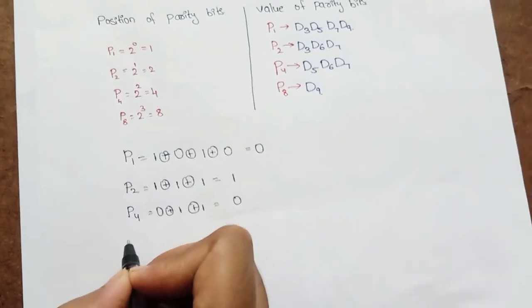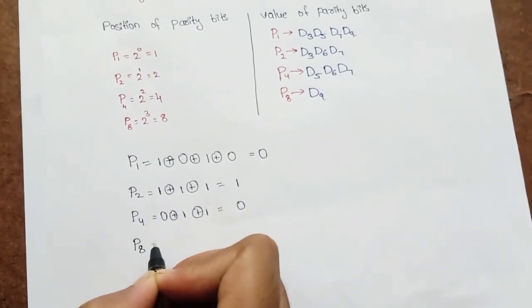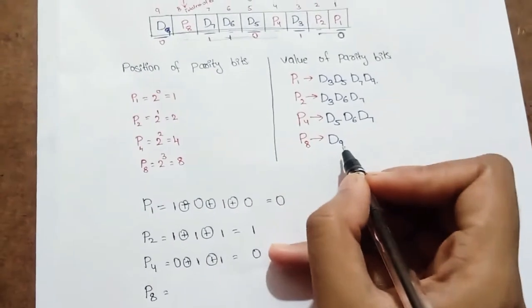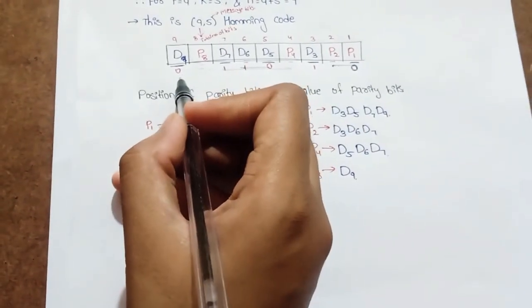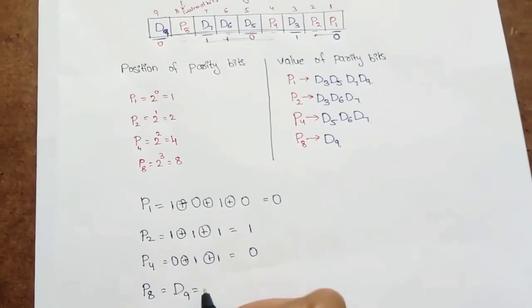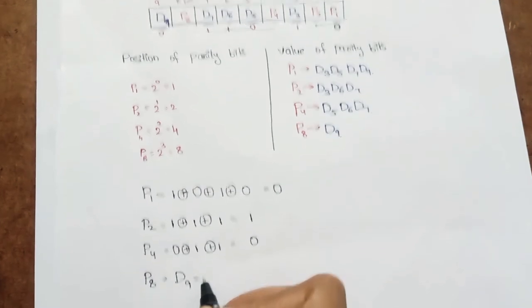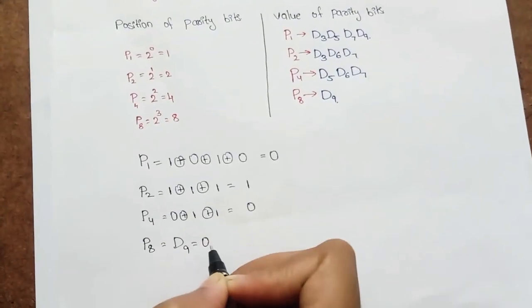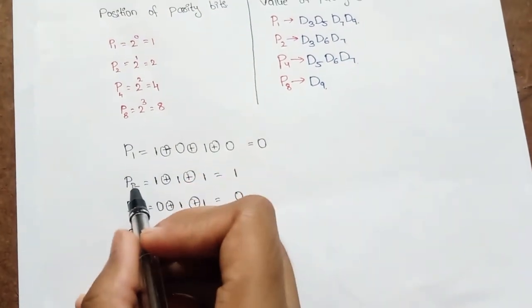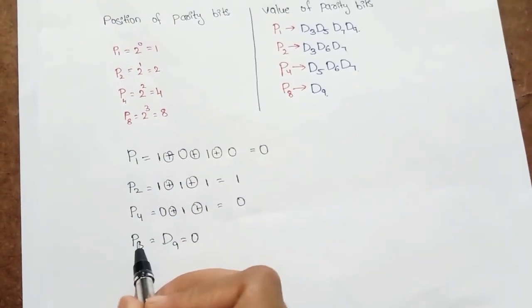Last but not least, P8. For P8, we have D9. The value of D9 is 0. That means we'll get the D9 value. What is the value of D9 over here? 0. So now we have P1, P2, P4 and P8.